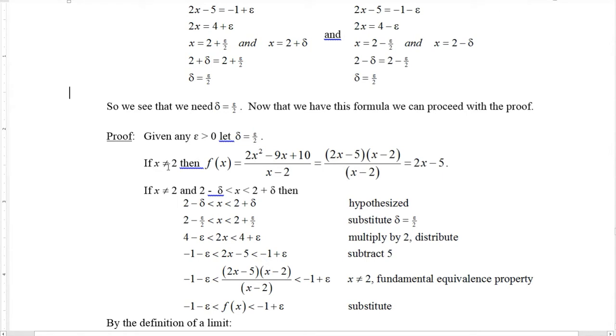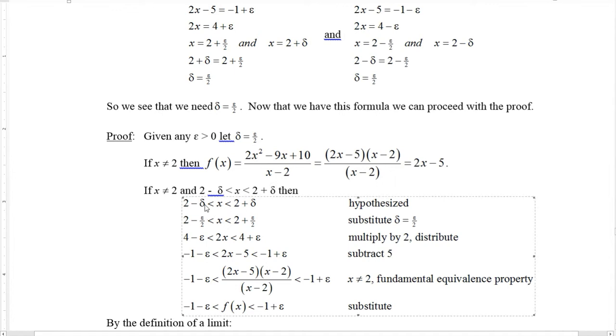Then if x is not equal to 2, then f of x equals 2x squared minus 9x plus 10 over x minus 2 can be factored and reduced to be 2x minus 5. So if x is not equal to 2, and 2 minus delta is less than x, which is less than 2 plus delta, then we want to turn this middle into 2x minus 5. To do that, we multiply all three parts by 2, distributing on the left.